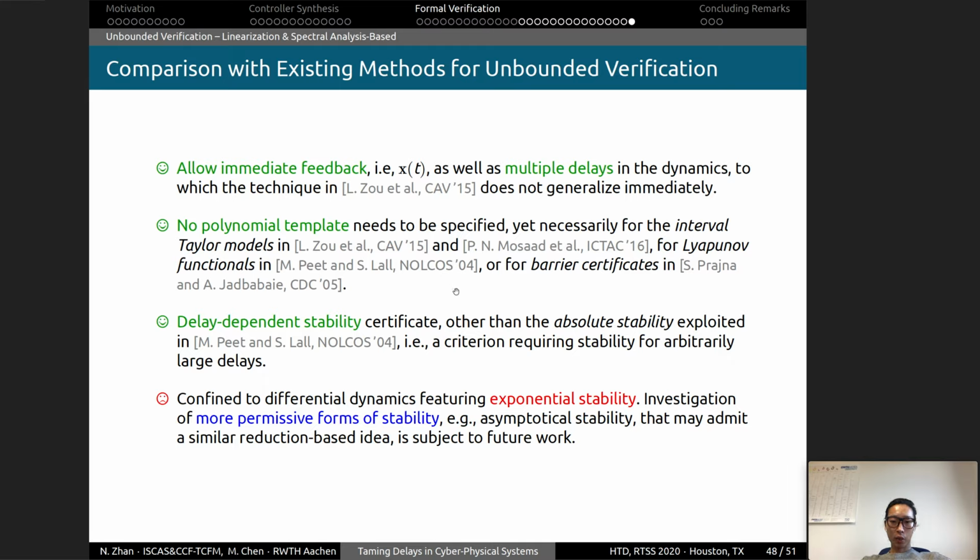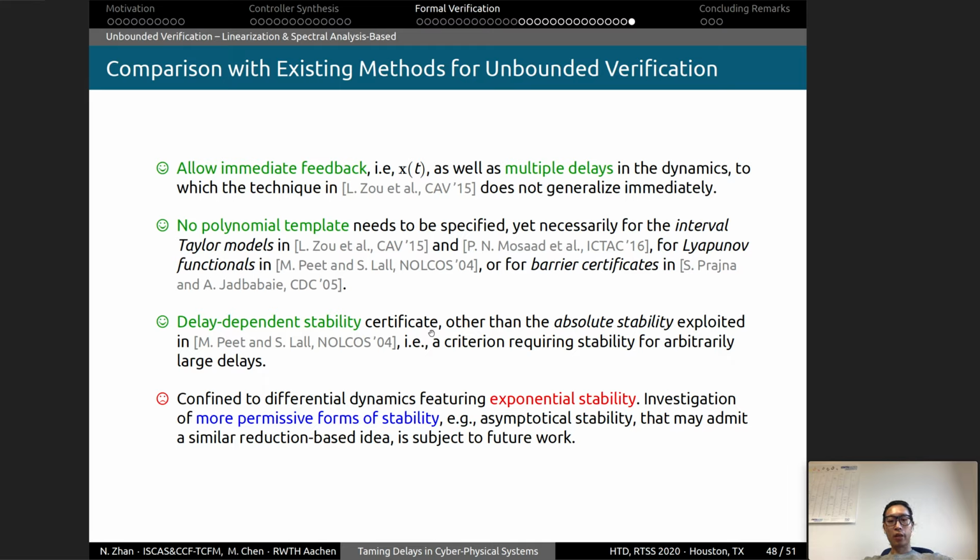The last advantage is that this method allows delay dependent stability certificate. Because as you saw from the enclosure in the previous picture, it is dependent on time, right? It changes over time.